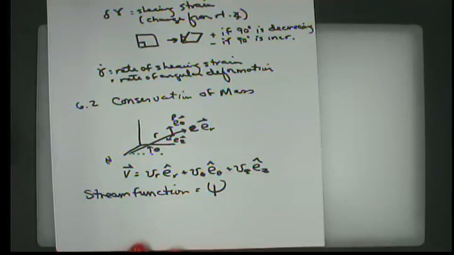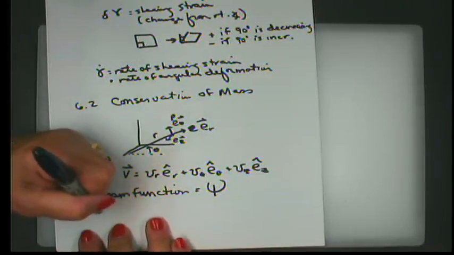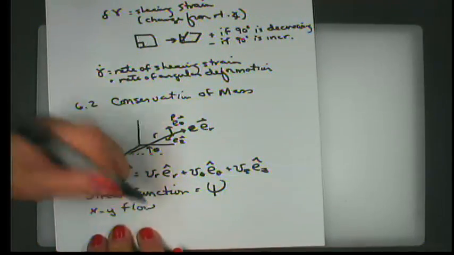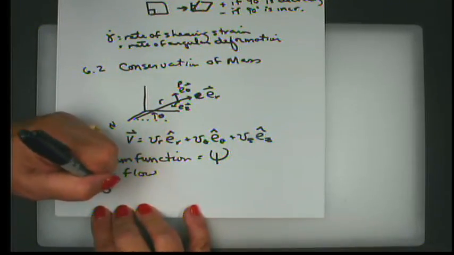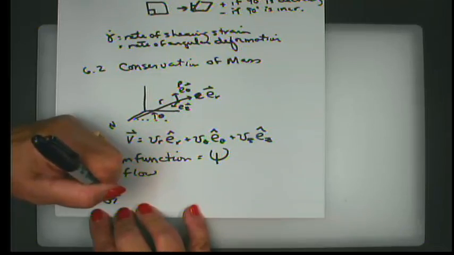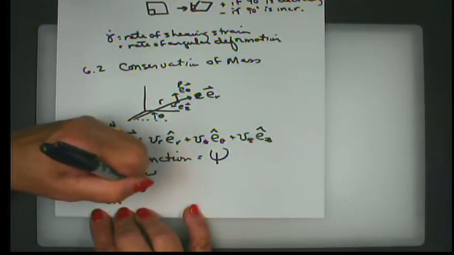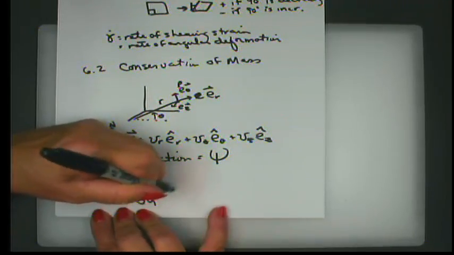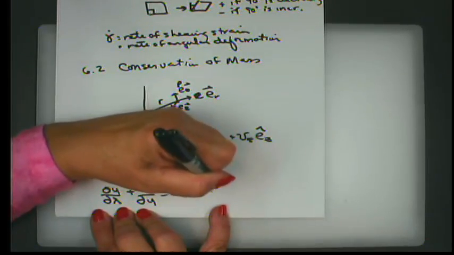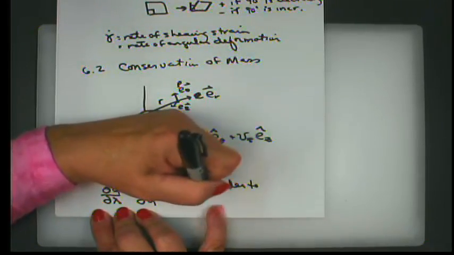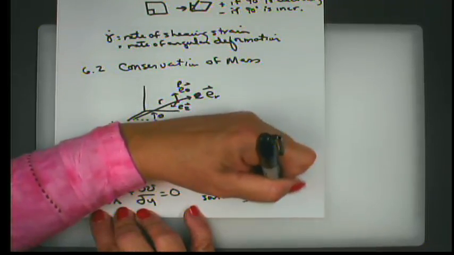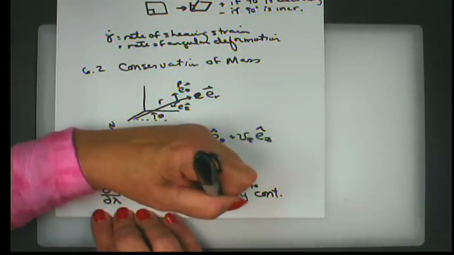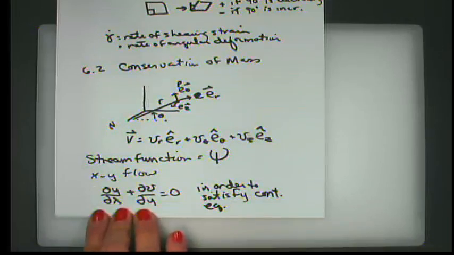And what we know is that if you have xy flow, so this is simplified form, the continuity equation requires that del u del x plus del v del y must be equal to 0 in order to satisfy the continuity equation. In other words, to satisfy the conservation of mass.